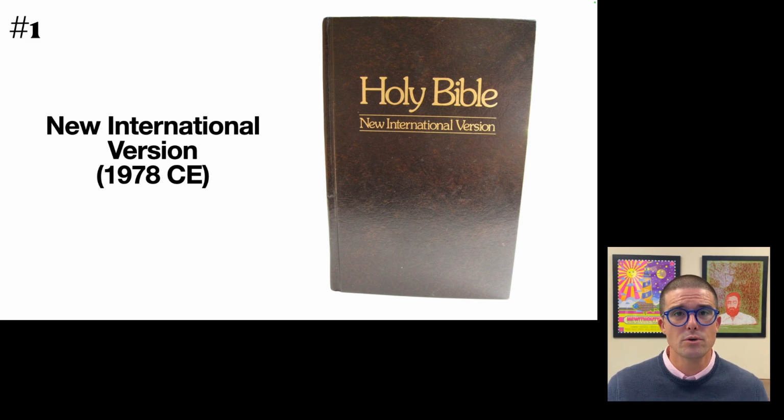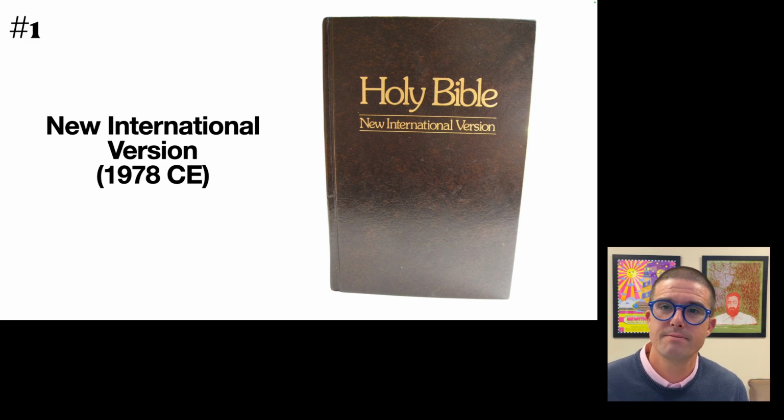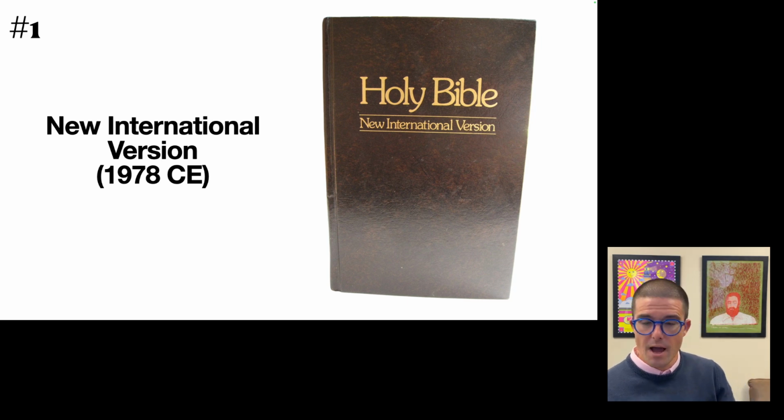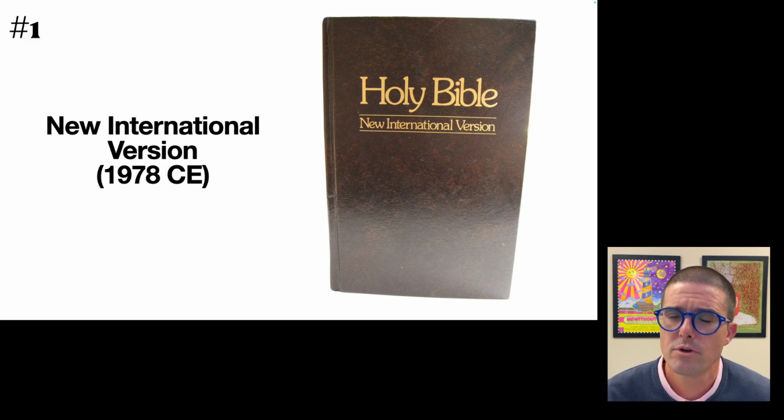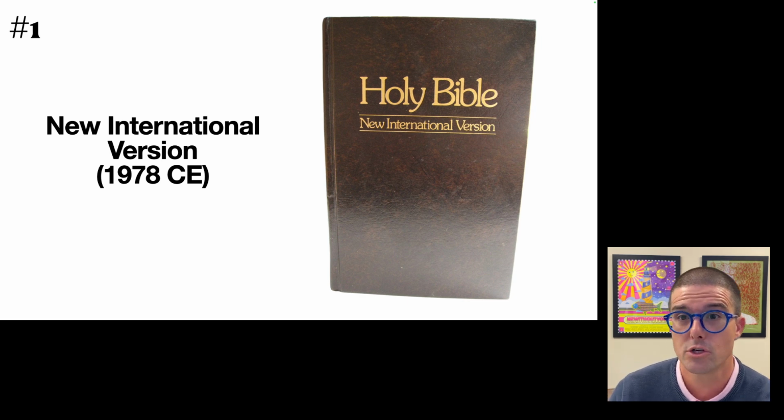In many ways, the New International Version was a conservative reaction or revival to the RSV, as the committee of the New International Version thought that there was some liberal ideological and theological creep happening in the RSV. And so it updated the language and removed what it saw to be some of that liberal ideological creep.